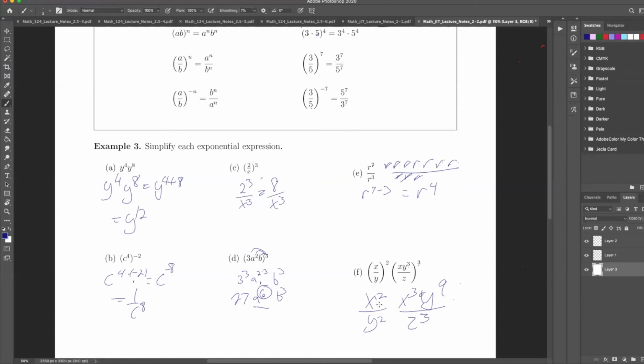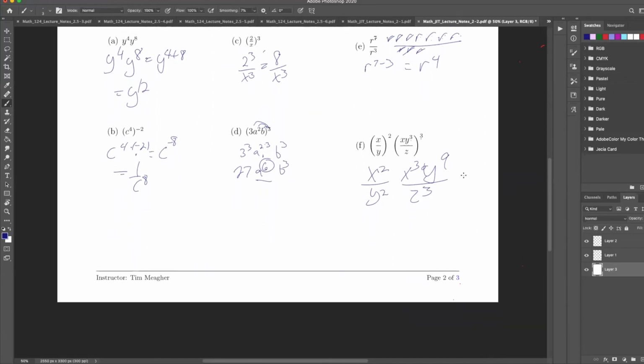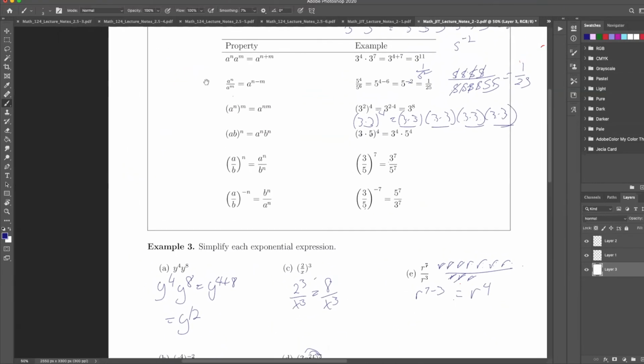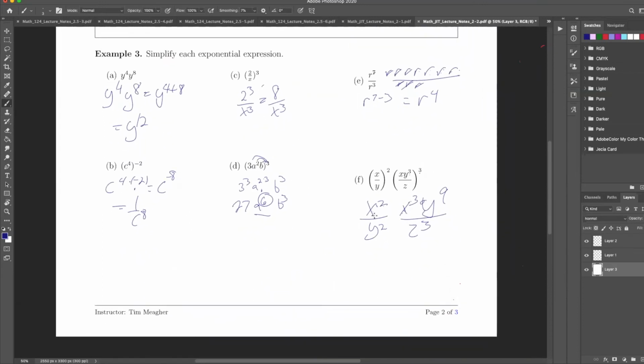So here I have, and so let's go ahead and put this all together. And let's do it one variable at a time. So let's look for where my x is. Well, I have an x up top and an x up top. So x times x squared times x to the 3rd. So x times another one. We'll be using this property. So we're going to add them up. So 2 plus 3 would be x to the 5th.